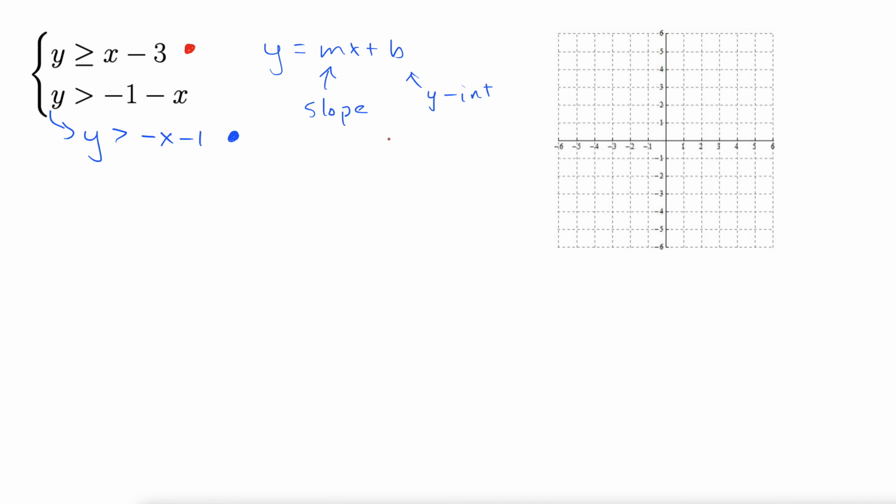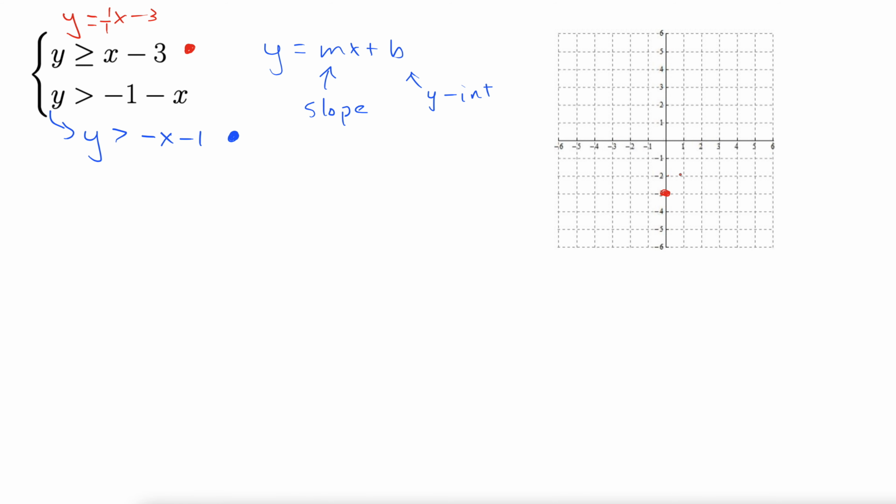Okay, so we can see what's going on here on a graph. So this top one, let's just graph the line y equals x minus 3, and really this is 1 over 1x. When there's nothing there, there's an invisible 1 there, so the slope of 1 is 1 over 1, which is a perfect diagonal going up and to the right. Up 1 over 1, up 1 over 1. So we have a y-intercept of negative 3.